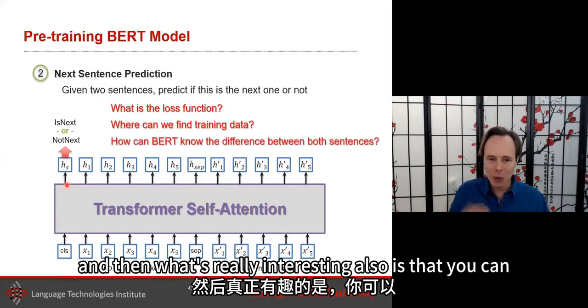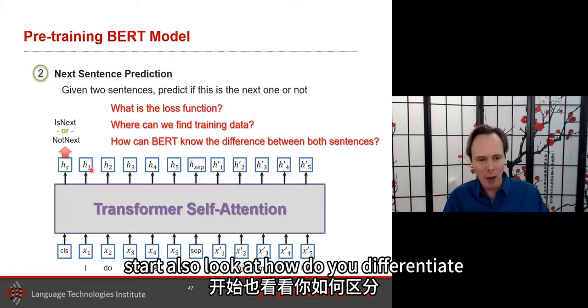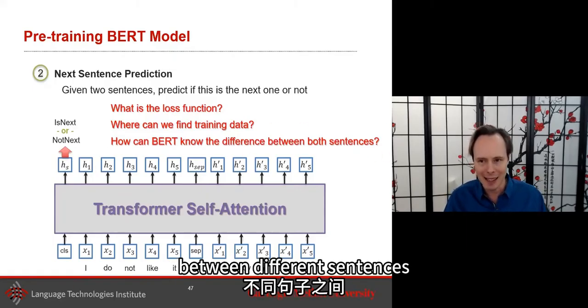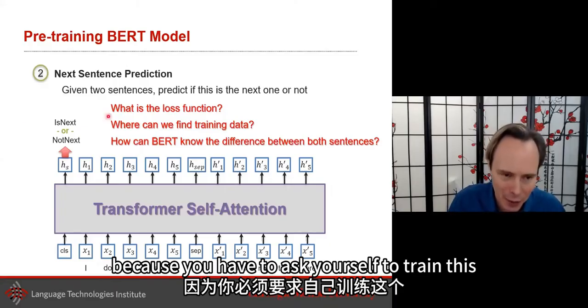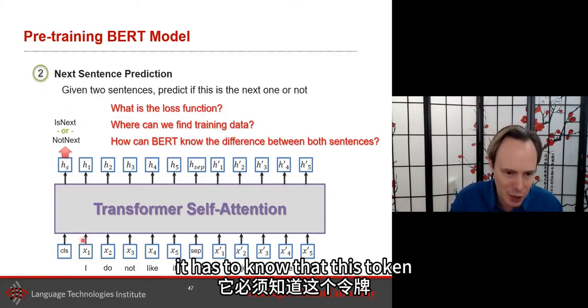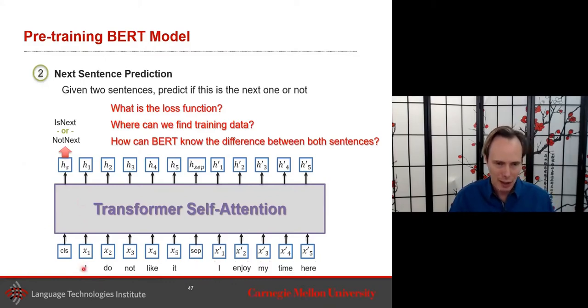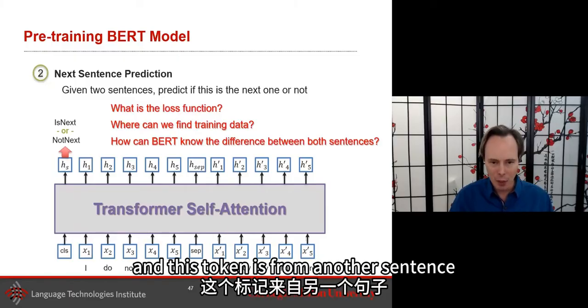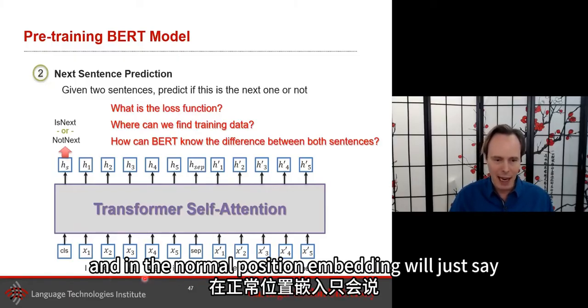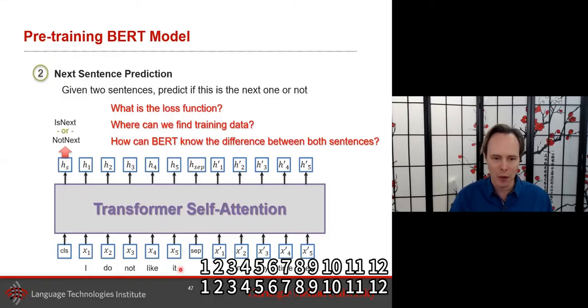And then what's really interesting also is how do you differentiate between different sentences? Because to train this, it has to know that this token is from one sentence and this token is from another sentence. The normal position embedding will just say 1, 2, 3, 4, 5, 6, 7, 8, 9, 10, 11, 12.